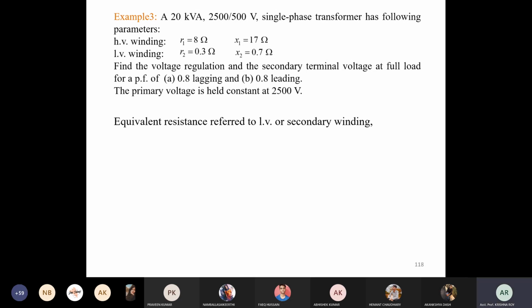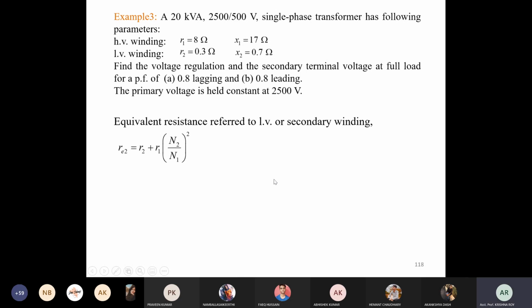Here we have to refer all the quantities to the secondary side, that is the low voltage side, for this case. So Re2, the total equivalent resistance referred to the secondary side or low voltage side, equals R2 plus R1 into (N2 by N1) whole square.